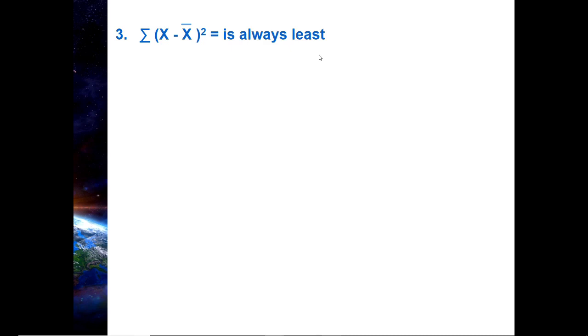The second property was that x bar is the center of gravity for a set of scores, and I helped you to understand that. So the reason why we like that is just because it helps us to understand what x bar is doing and why we should consider it to be representative.